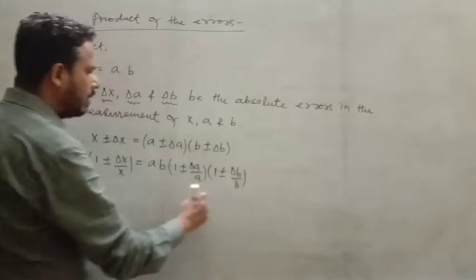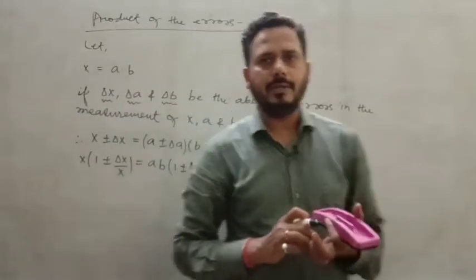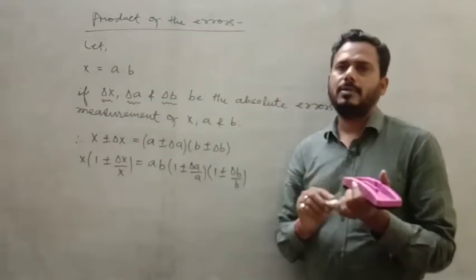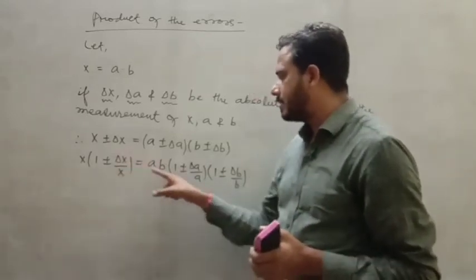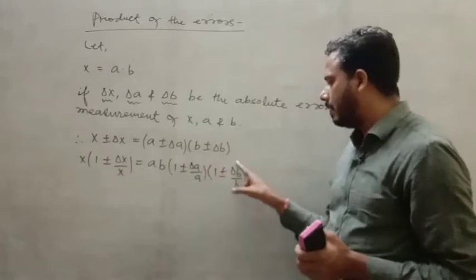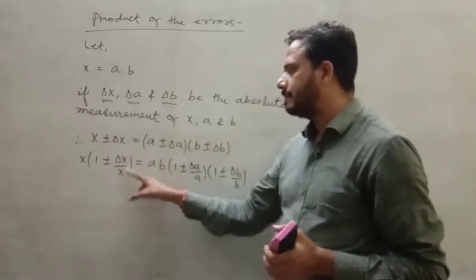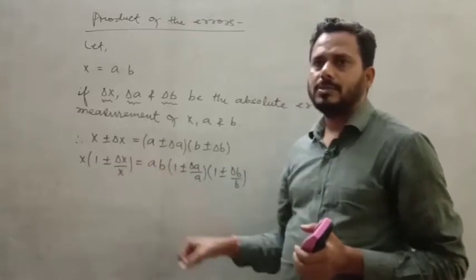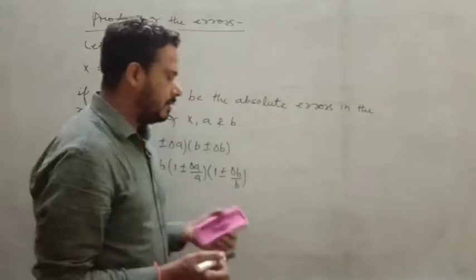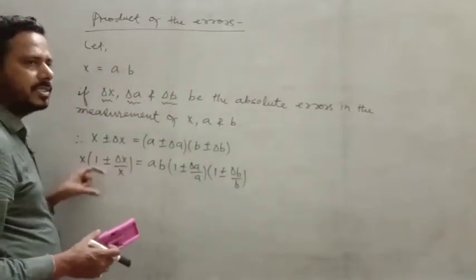Now what do you conclude from this? You are seeing in the left and right factors that there is a common term: delta x by x, here delta a by a, and here delta b by b. Actually delta x by x is just like a fraction, or you can also say it is a fractional error.